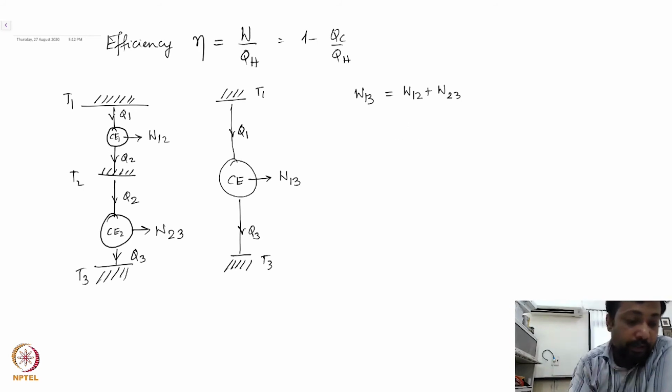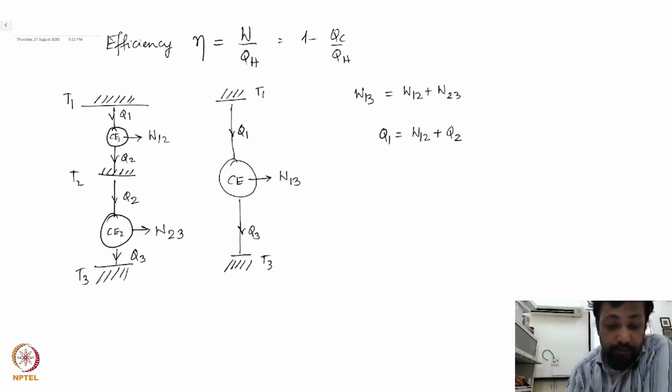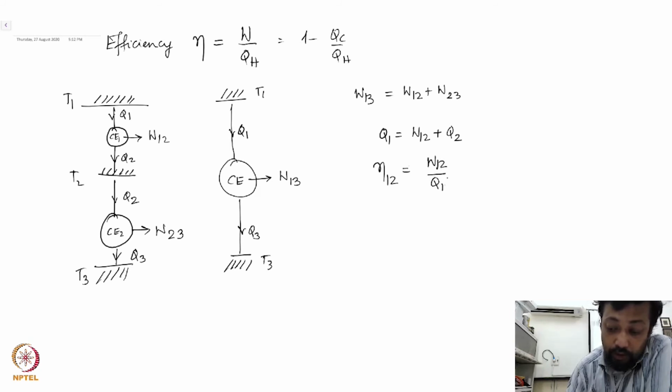If I now apply conservation of energy, then Q1 is W12 plus Q2. But from the definition of efficiency, I can write eta12 as W12 divided by Q1. So therefore Q2 is Q1 times 1 minus eta12.